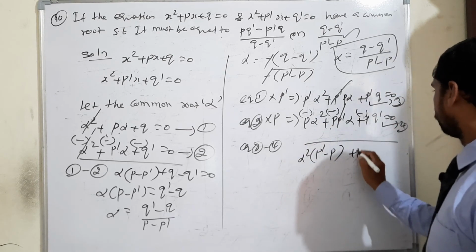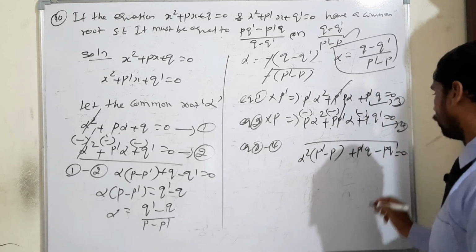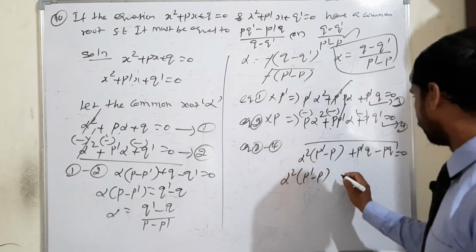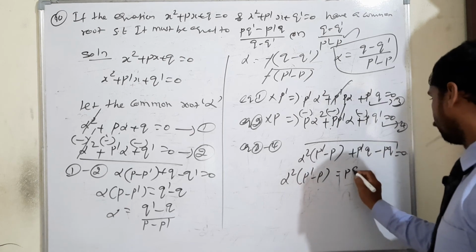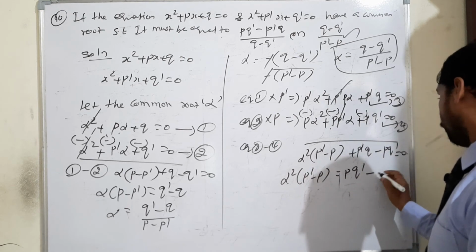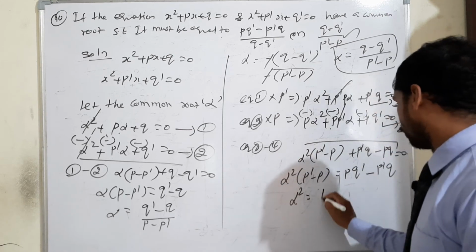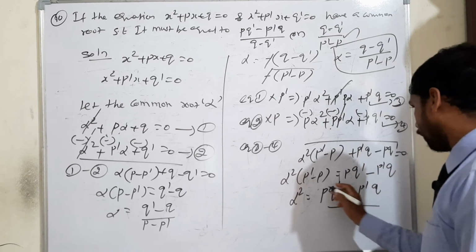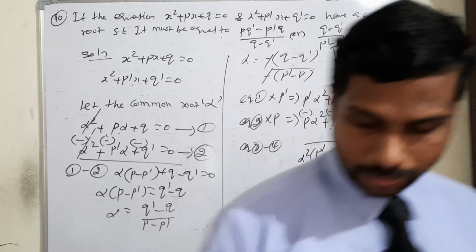Last condition plus p dash q minus p q dash is equal to 0. Therefore alpha square into p dash minus p, plus, bringing the minus term to the opposite side, positive p q dash minus p dash q. Therefore alpha square is equal to p q dash minus p dash q divided by p dash minus p.